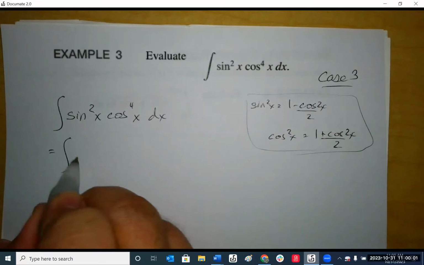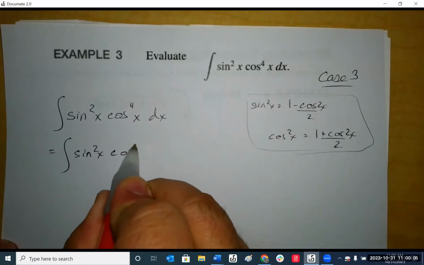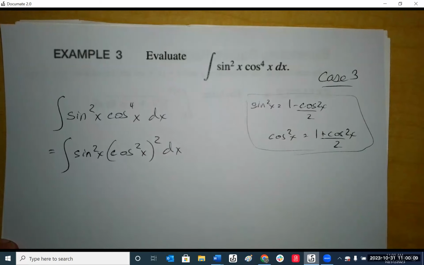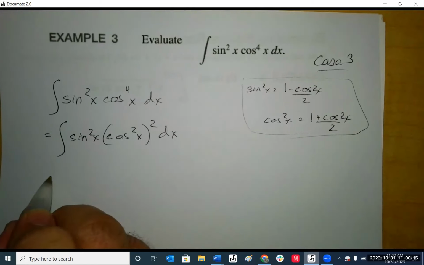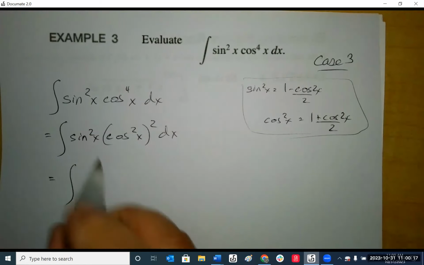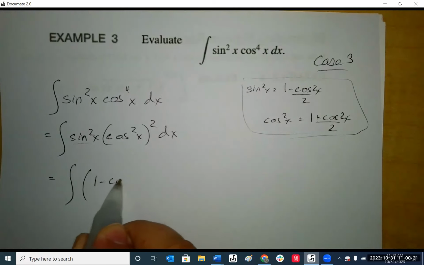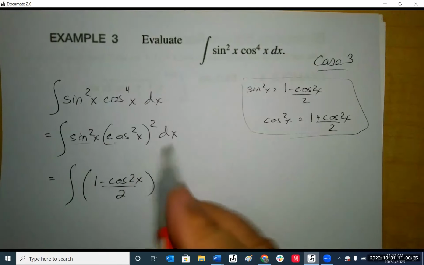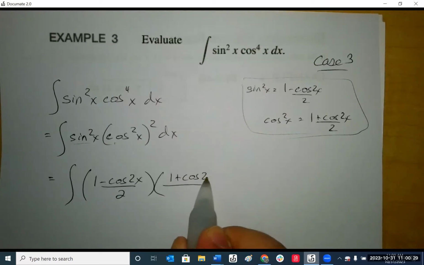For this one, we have sine squared x already. This one's going to be cosine squared x, squared. So this one is 1 minus cosine 2x over 2, and this one is 1 plus cosine 2x over 2.